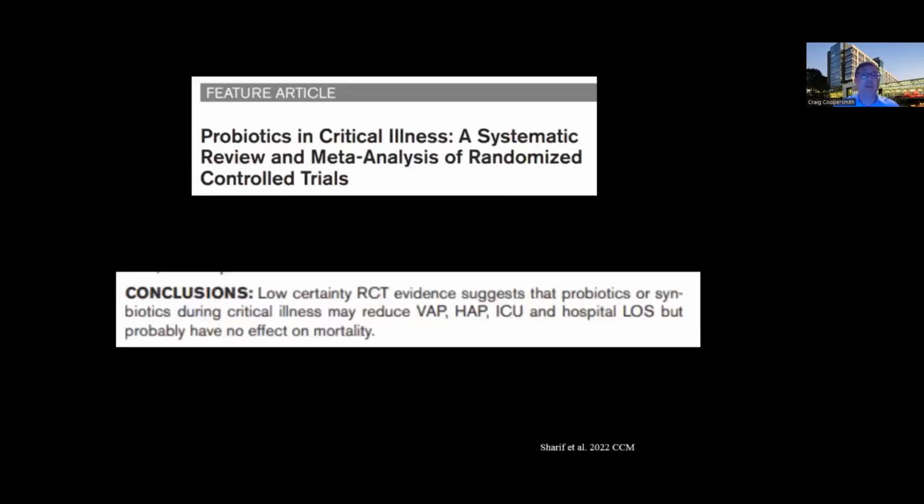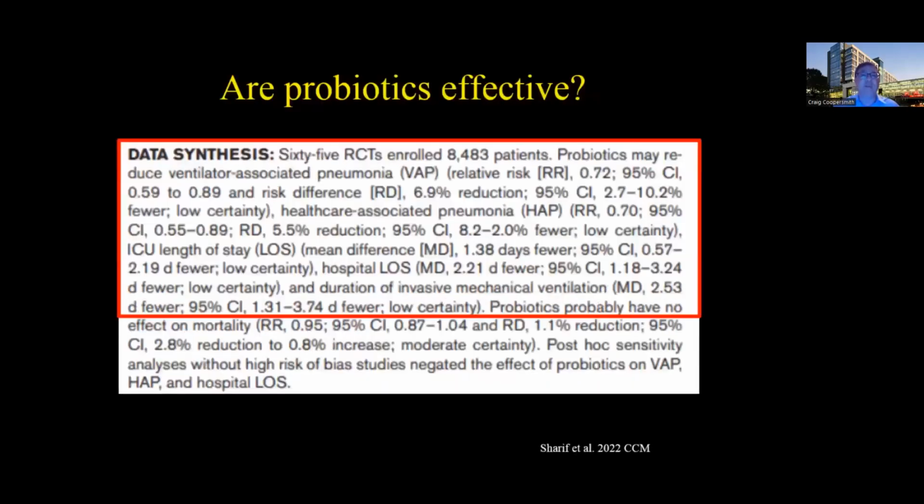Based upon this, in August of 2022, a new meta-analysis came out, Probiotics in Critical Illness, a systematic review and meta-analysis of randomized controlled trials, including this study. And the conclusion of this is there's low certainty evidence that probiotics or symbiotics during critical illness may reduce ventilator-associated pneumonia, hospital-associated pneumonia, ICU and hospital length of stay, but probably have no effect on mortality.